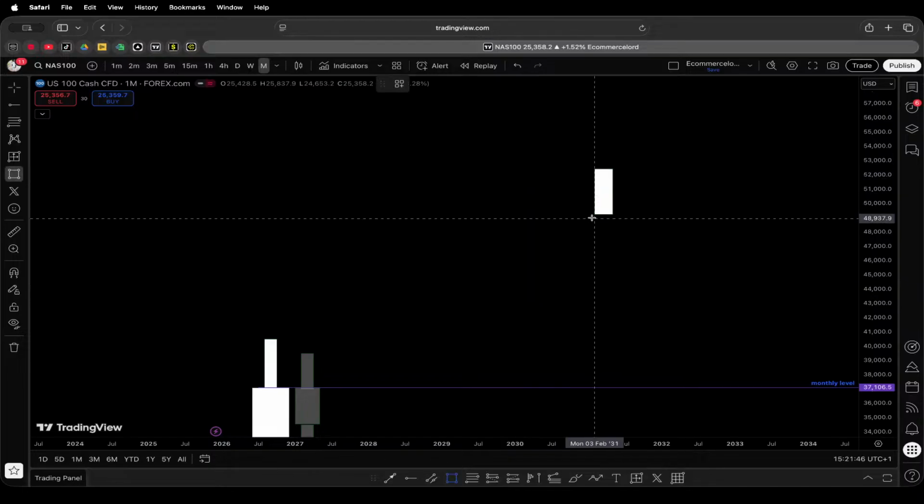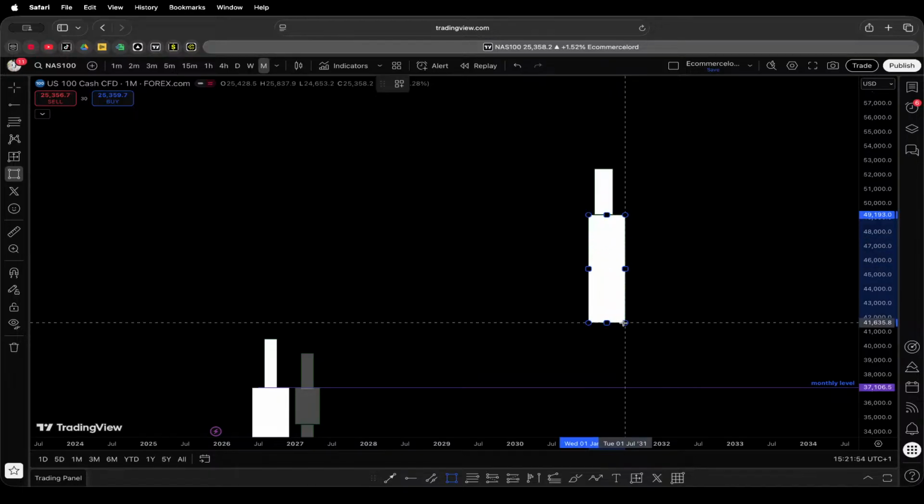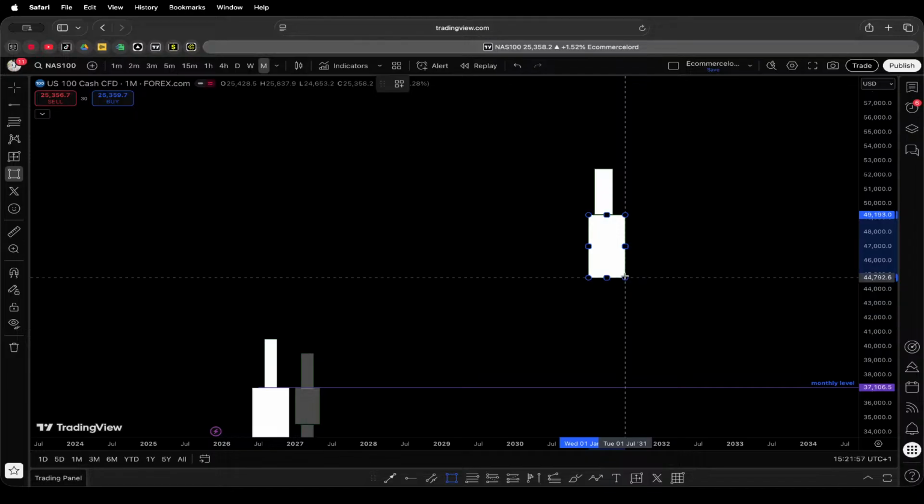After forming this wick, price comes back down here and then continues down. Maybe it reaches here, forming the lower wick like this.